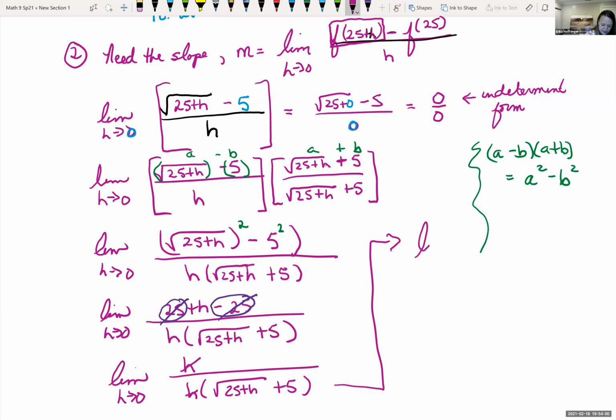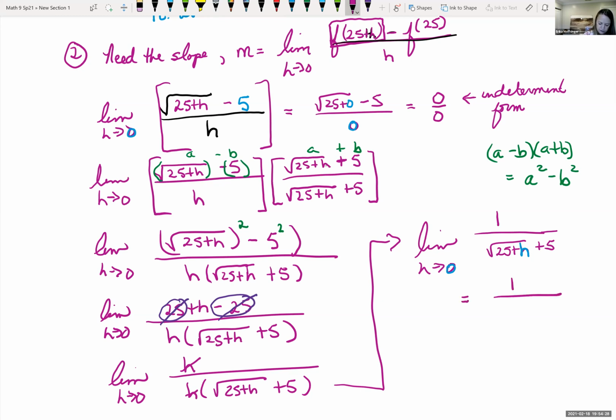So really we have the limit as h goes to 0 of 1 all over the square root of 25 plus h, plus 5. Now when we do our direct substitution and plug in 0 wherever we see an h, it falls out and gives us a number.